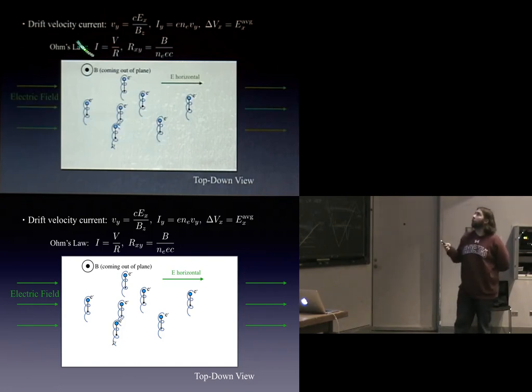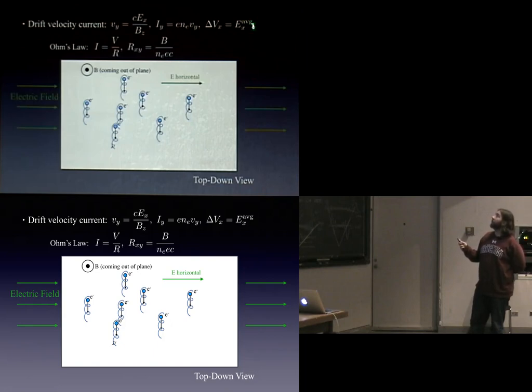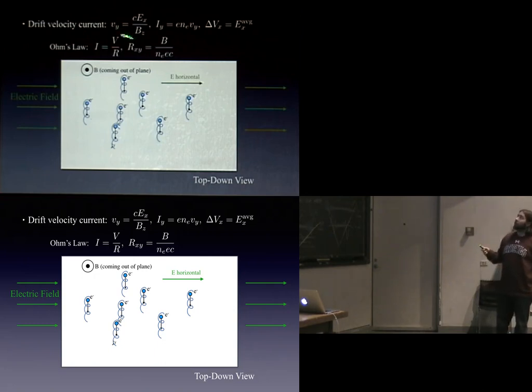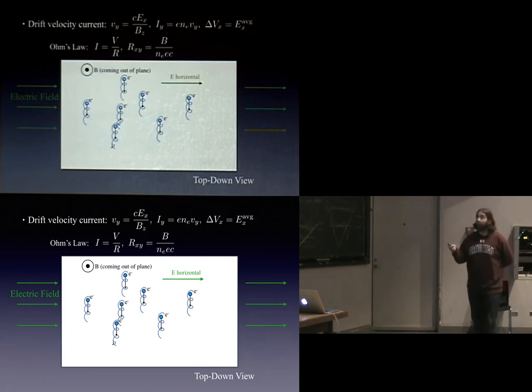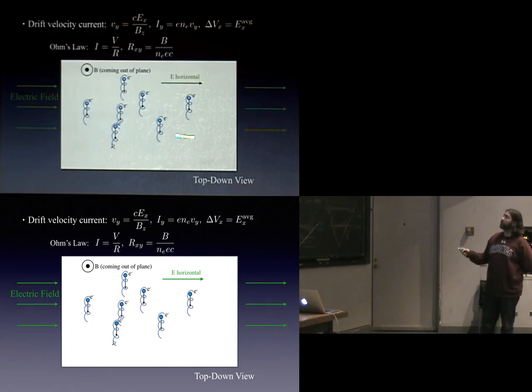And if you just remember Ohm's law, the formula for the drift velocity and the fact that the applied electric field is just a voltage difference, and remember Ohm's law is I is V over R, or IR is V, it doesn't matter, then this Hall resistance, and I want to emphasize this is an XY because I'm looking at the difference between a voltage difference in the X direction and a current in the Y direction, right?